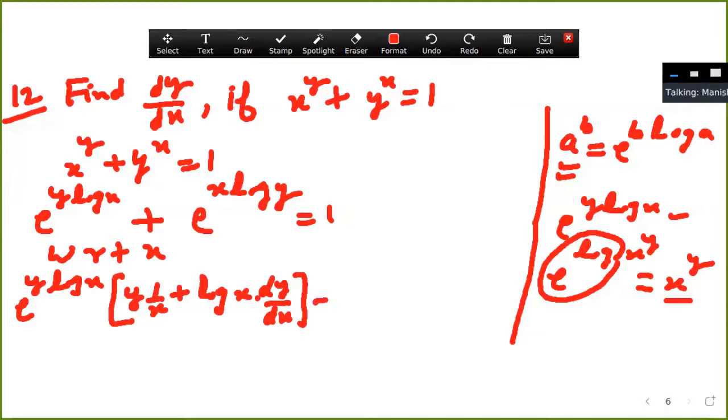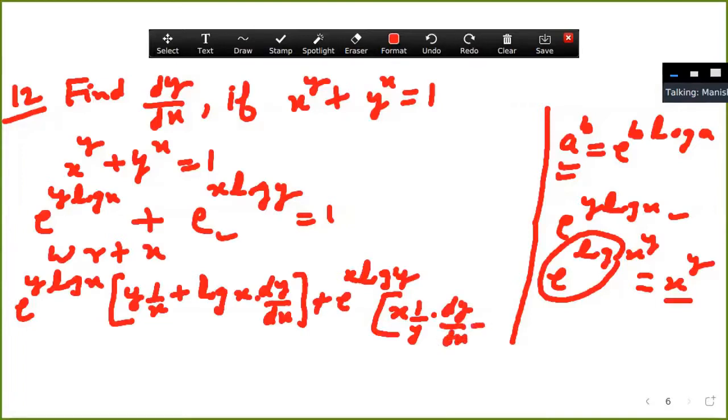Now plus, again, e to the power x log y as it is. By applying the chain rule, you get x as it is, derivative of log y is 1 upon y into dy upon dx, plus log y as it is, derivative of x is 1.